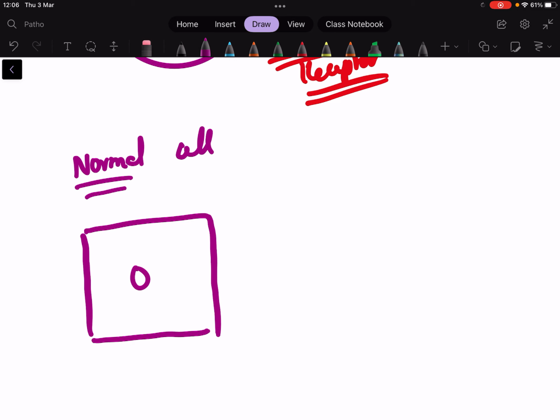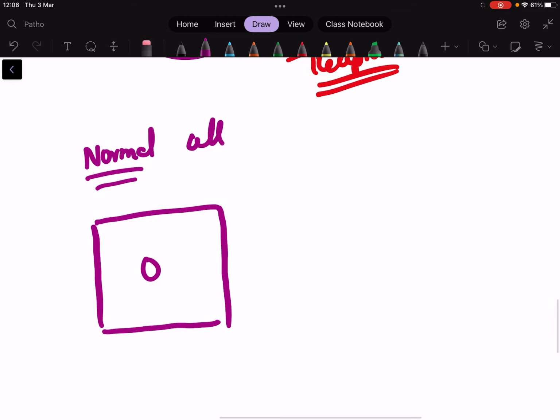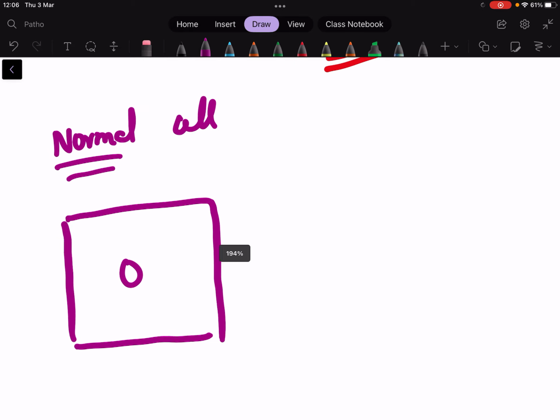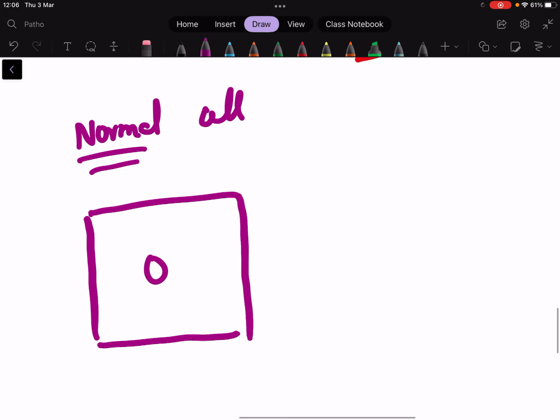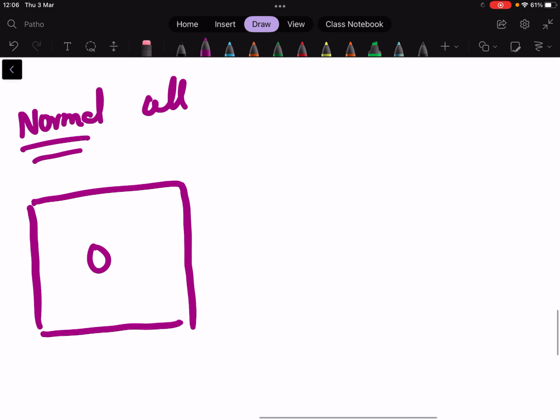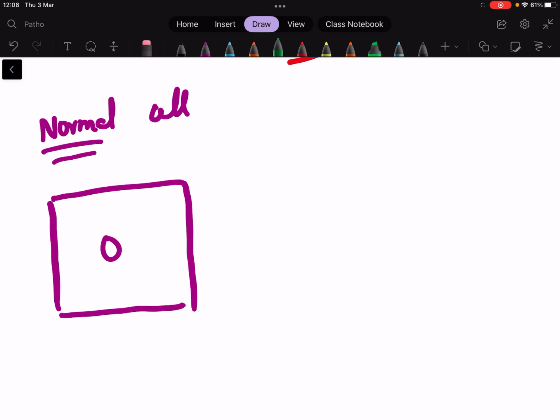So when there is a normal cell, okay, my pen is not working. Suppose this is a normal cell. This normal cell is going to express a receptor called MHC class 1 molecule, which is seen in normal cells.